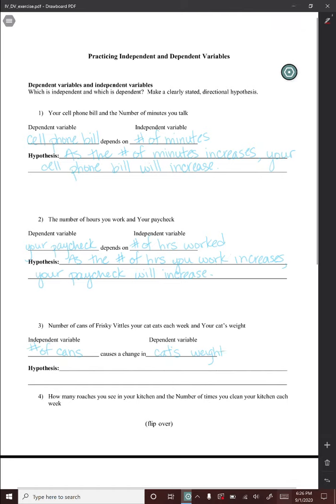So we would say, as the number of cans of food your cat eats increases, your cat's weight will go up.